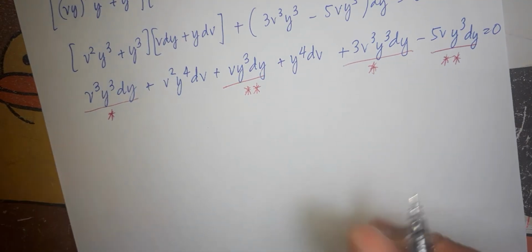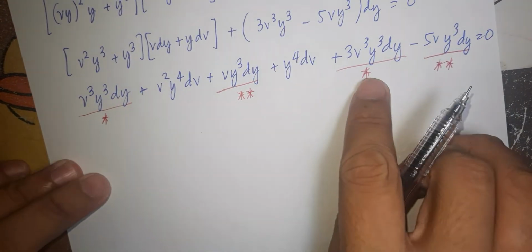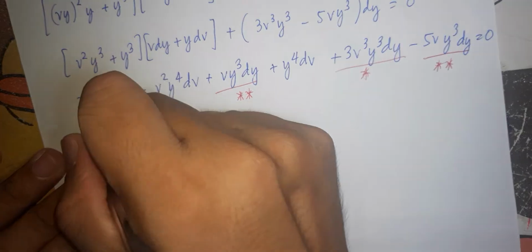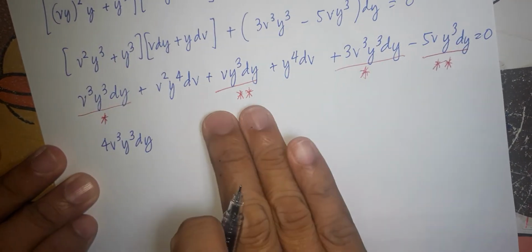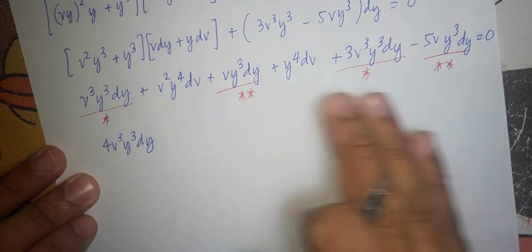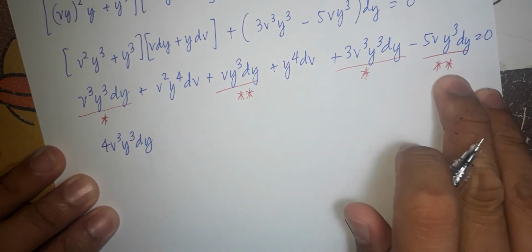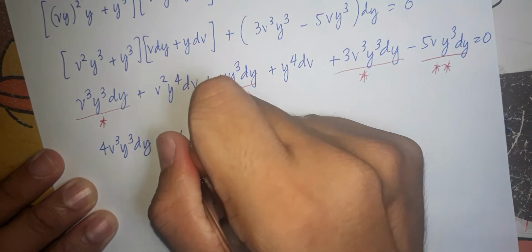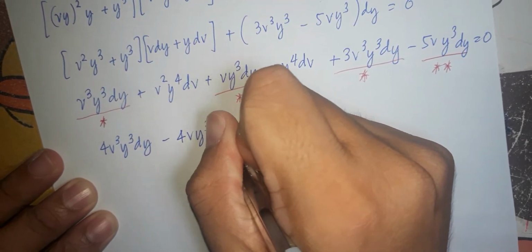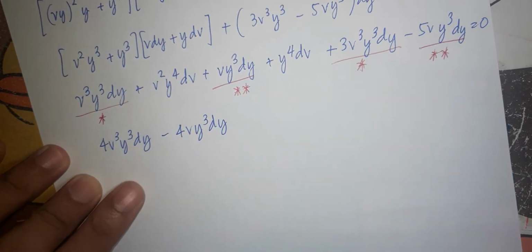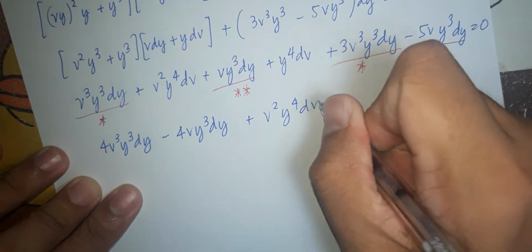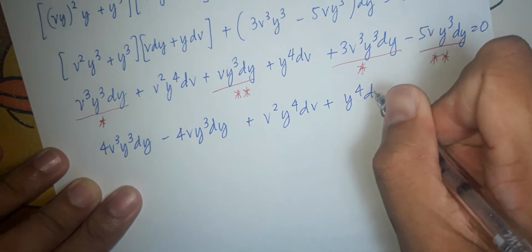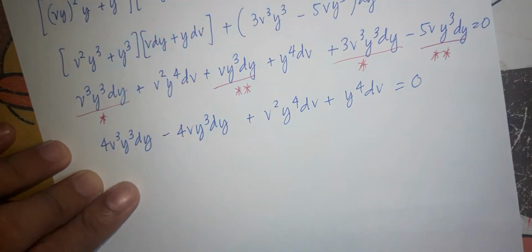So, let's combine. This v cube y cube dy with 3v cube y cube dy is 4v cube y cube dy. And then this vy cube dy minus 5vy cube dy is minus 4vy cube dy. Then plus v squared y to the fourth dv plus y to the fourth dv is equal to 0.